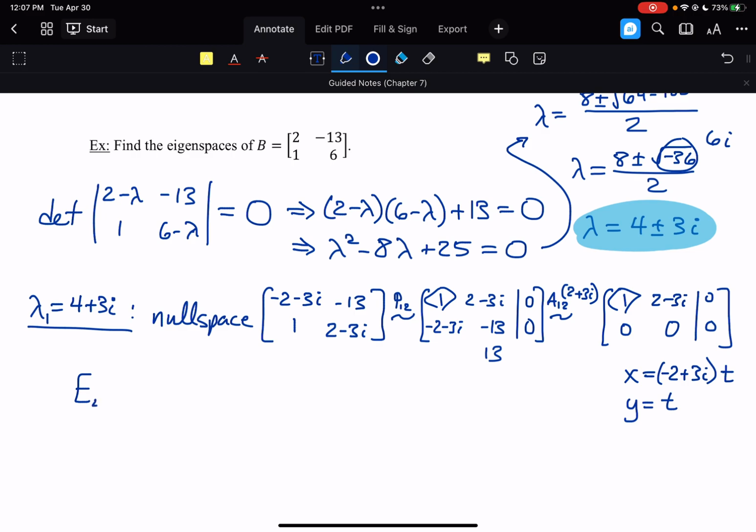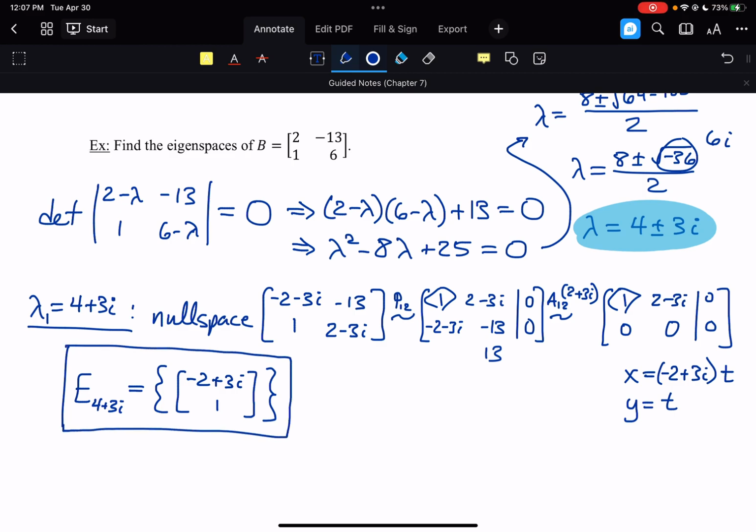So our eigenspace for 4 plus 3i is going to be the set of vectors. If we get rid of the multiples of t, we get negative 2 plus 3i and 1. So that's our eigenspace, right? Our corresponding eigenvector for this eigenvalue.